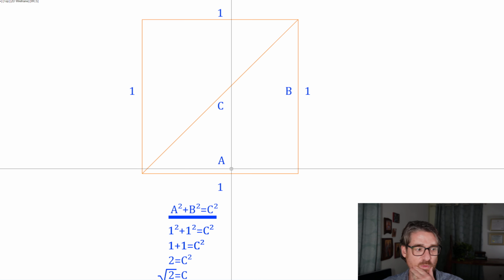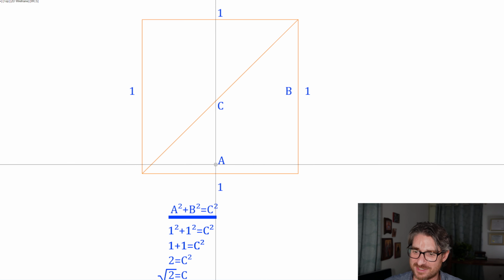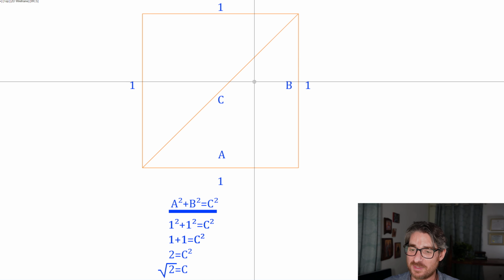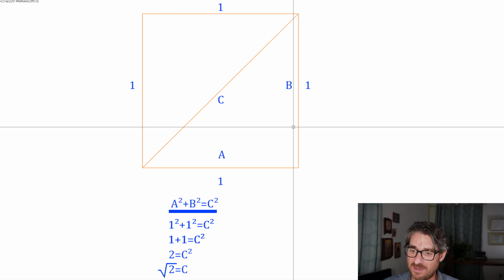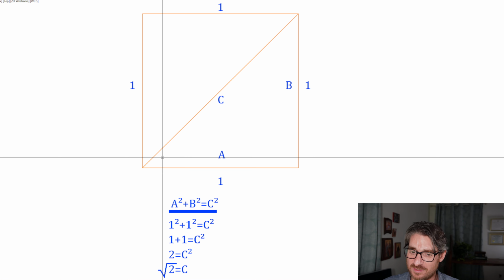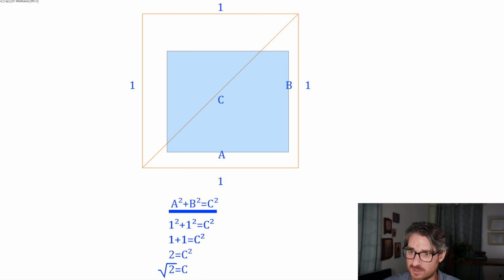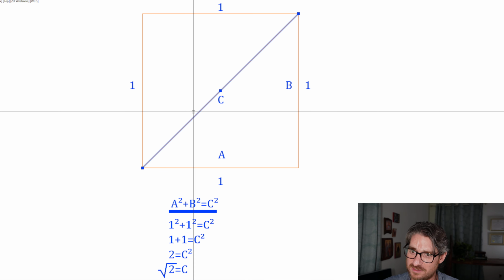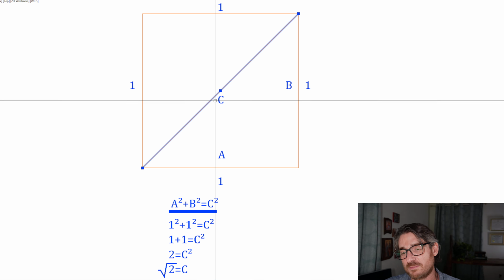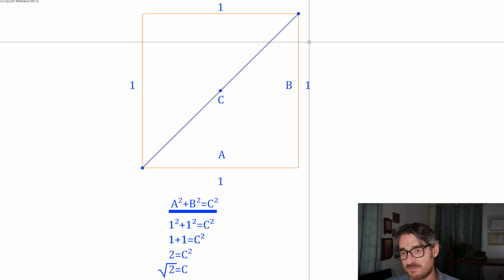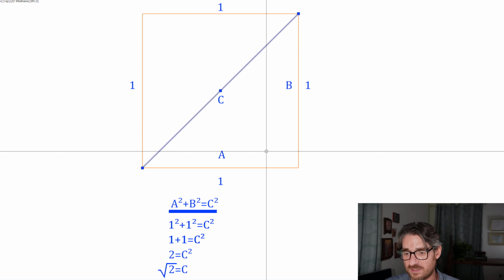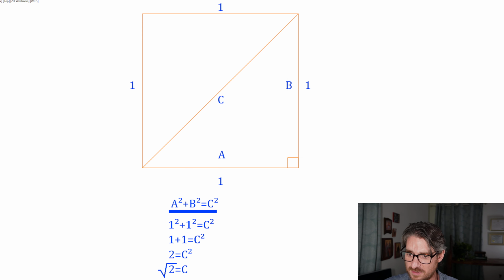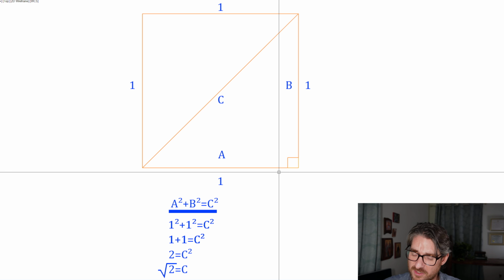This is just going back to good old 6th grade algebra or geometry. We have the 1 by 1 square. I drew a circle off of it, but the radius of the circle is this diagonal. So I'm using this diagonal in the geometric creation. And this is a right triangle, right? So that's 90 degrees.